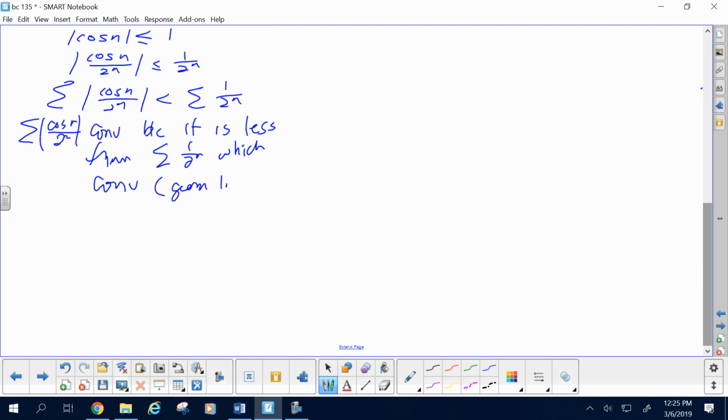Geometric with r of 1/2, which is less than 1. So the conclusion, don't forget the question. What's the question or the conclusion? The question is, did the series converge absolutely? So yes or no? Yes. The series cosine of n over 2 to the n converges absolutely.